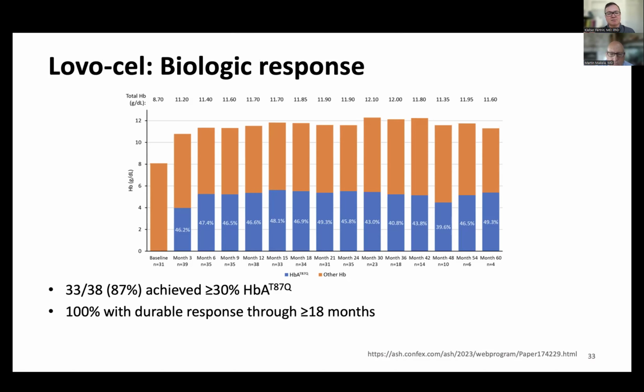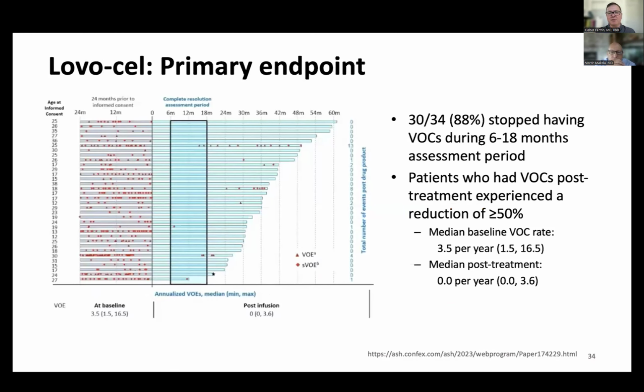And you can see that it's about 50% of expression of the normal hemoglobin. And 87% of patients achieved at least 30% of this new hemoglobin production, and 100% of them had a durable response over 1.5 years.